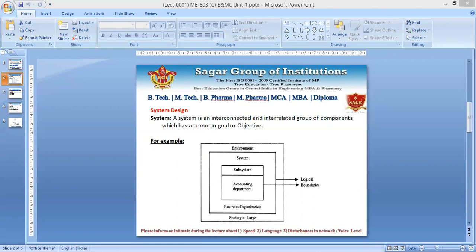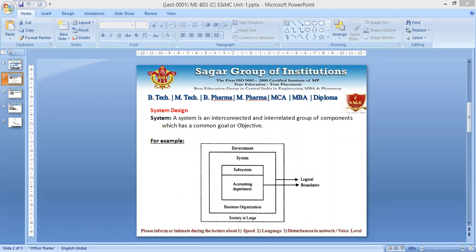For example, a business organization is a system whose function is within the contours of the environment, which is known as the society. From this system perspective, we could easily understand that the focus is on what?